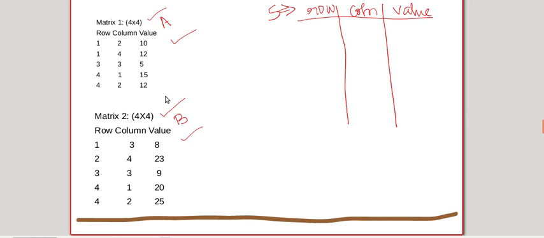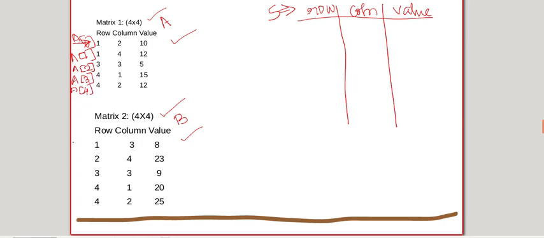So for adding these two matrices, first I have to go through the first element of the structure array A, let it be A of 0, and A of 1, A of 2, A of 3, and A of 4.